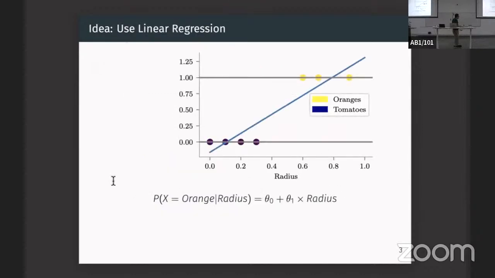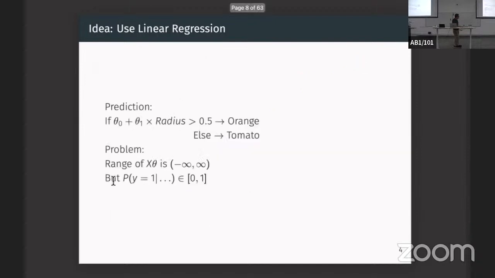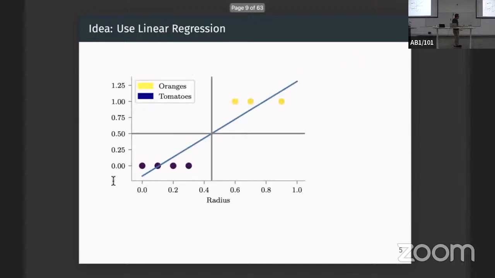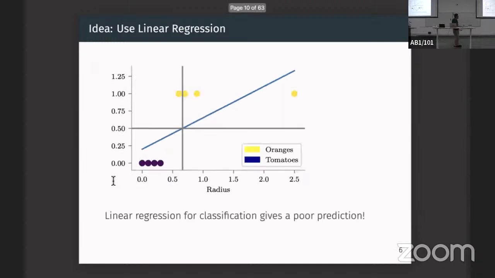Can we fit a linear regression line through it in order to answer this question? Why not? If you move one orange point to the right, the line changes.